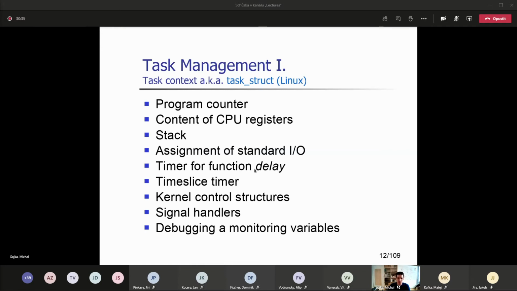Maybe from last week, you remember you called the task delay function. This task delay function uses the timer which is stored in the task context. There is a time slice timer. You probably also know what it is because we talked about the kernel time slice last week as well. And then there are other data structures which are needed by the operating system and various subsystems like device drivers there.